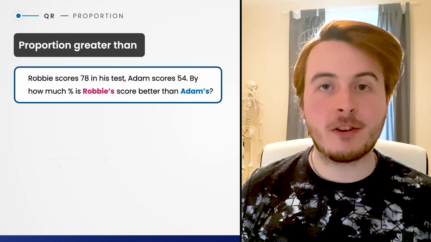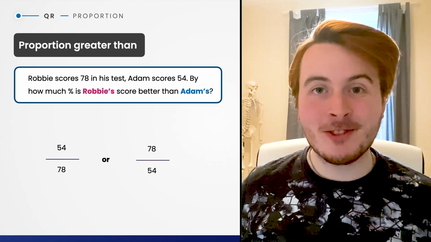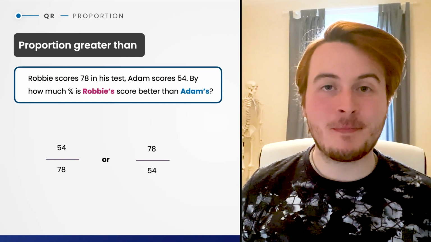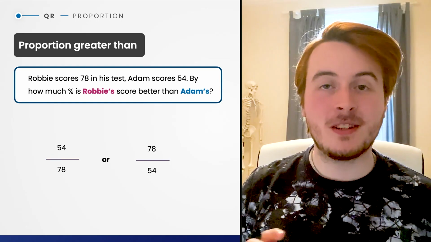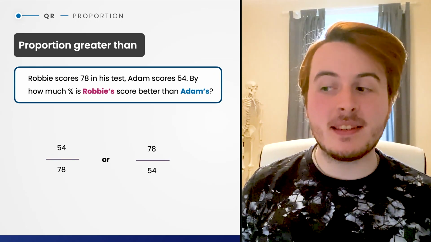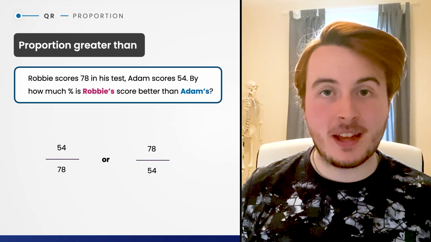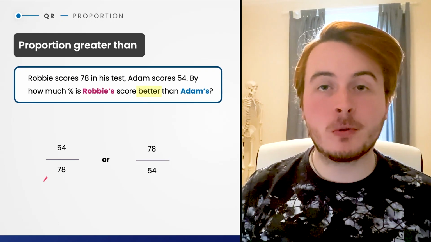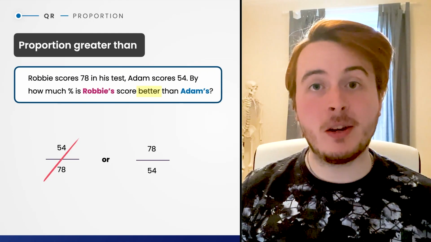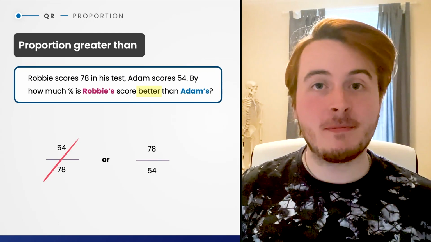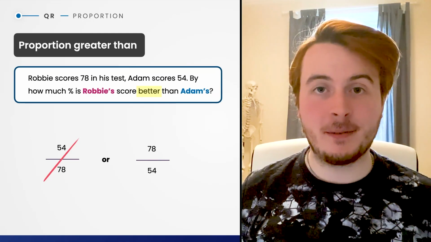The important thing is that we figure out fundamentally which way round the scores go, which one goes on top. The key word is "than", so the "better than". How much does Robbie score better than Adam? That tells us Robbie is going to be the top number of our equation here.